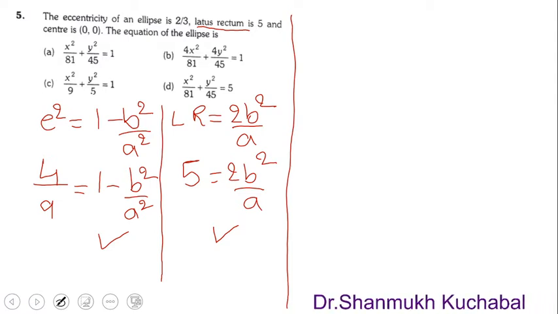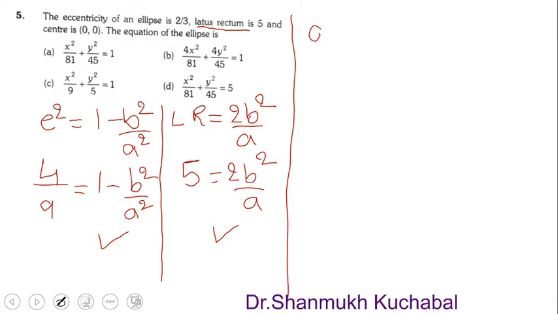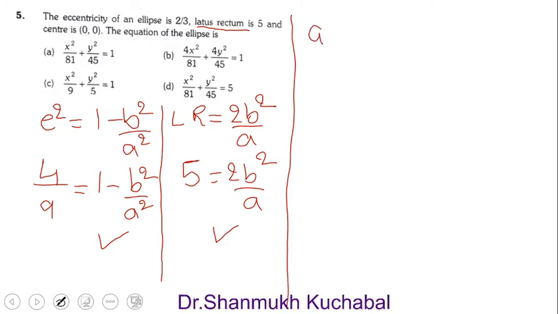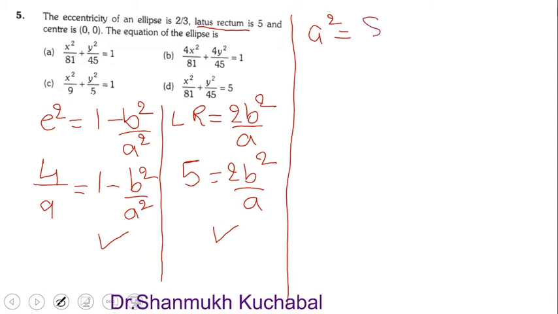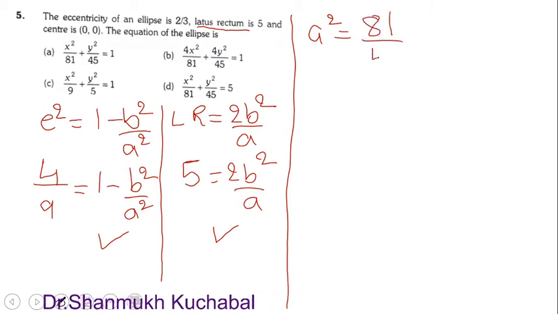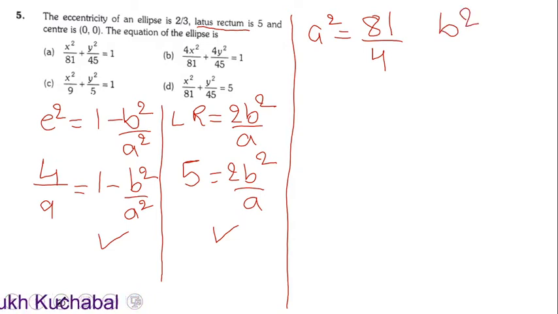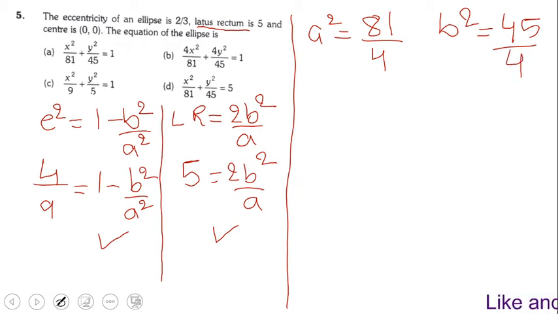So like this we get a square as 81 divided by 4, and b square value we get as 45 divided by 4.